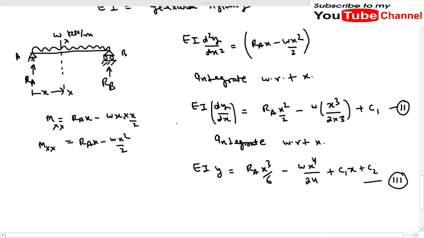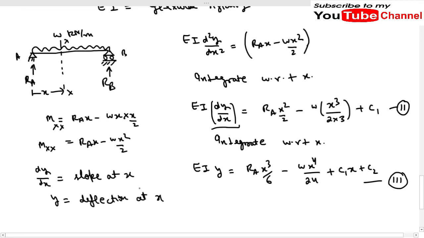Now what is this term dy by dx? dy by dx is the slope at x. X is the distance from point A, or you can say support A, and y is the deflection at a distance x.